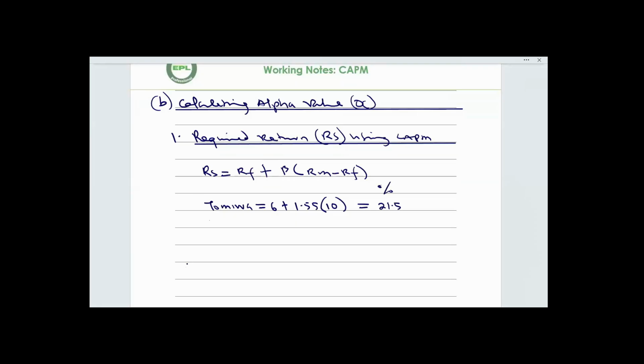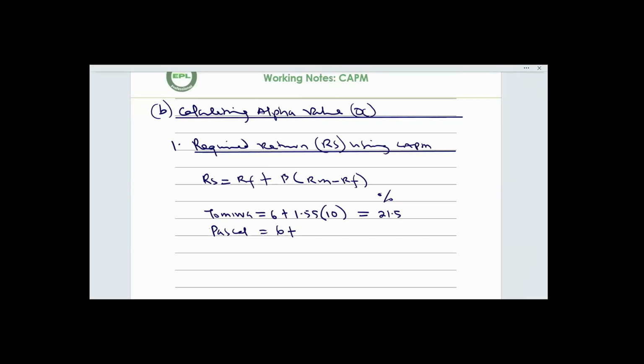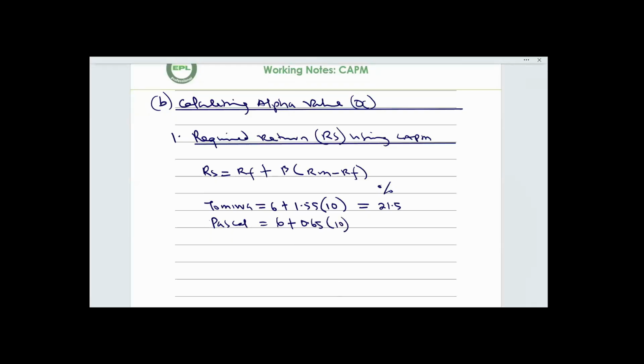Then the second one is Pascal, right? Yes, sir. Pascal: 6 plus, what is the beta of Pascal? 0.65. 0.65 into 10 will give us 12.5%.